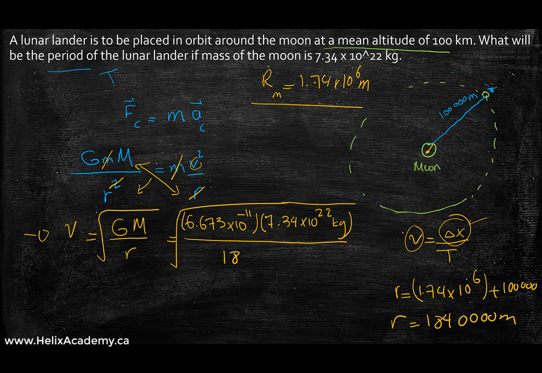I'm just going to add that here. Punch these numbers in a calculator, pause this video and try to get that number on your own. Once you come back, you should have 1631.5 meters per second. And that's the velocity of the lunar lander around the moon.